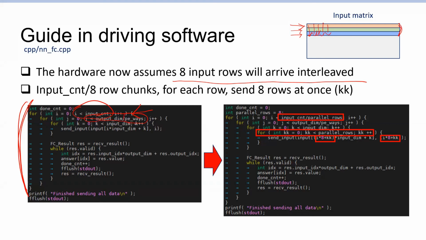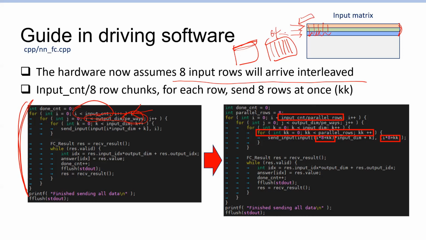It is divided by the number of PEs because if you were multiplying the input row against the weight matrix, this one row will have to be sent, let's say the output dim is 64, this row would have to be sent 64 times to generate the output row.